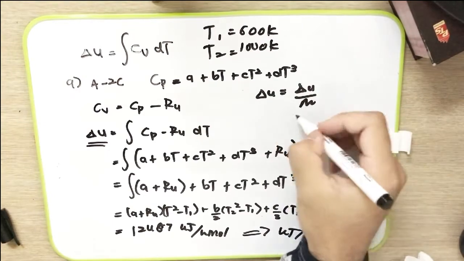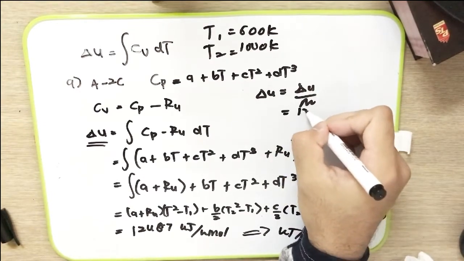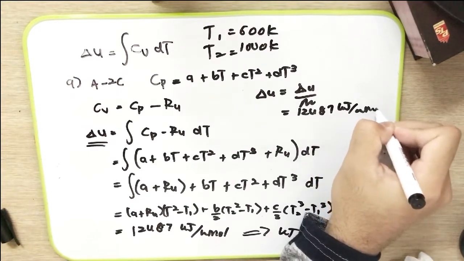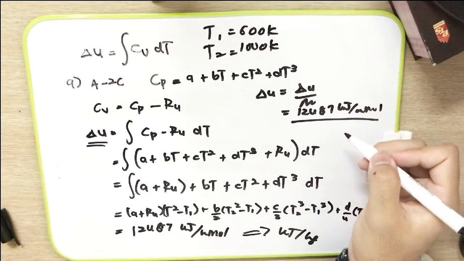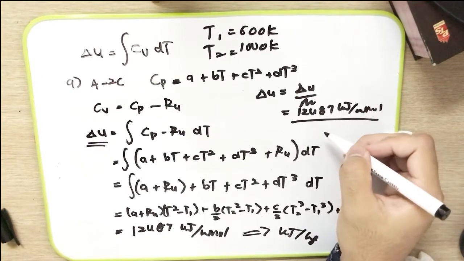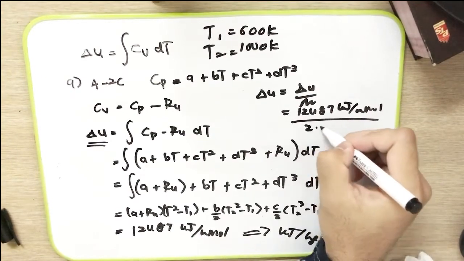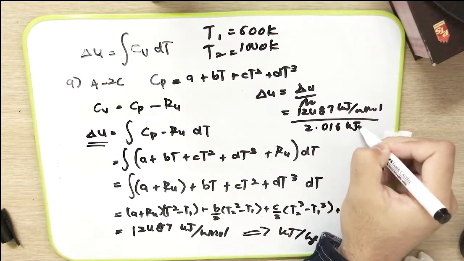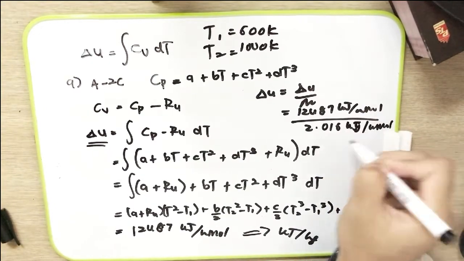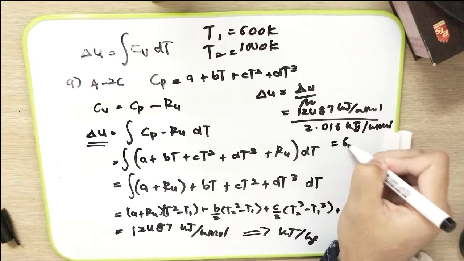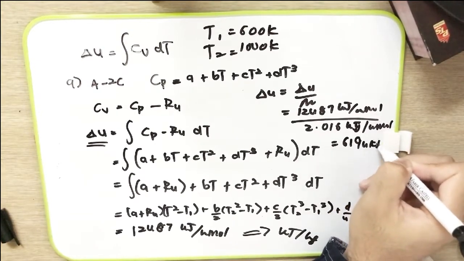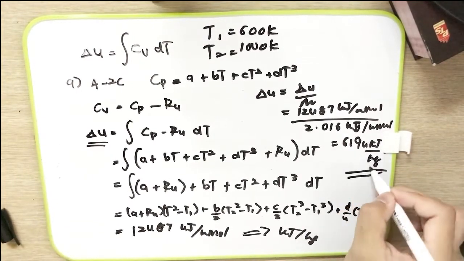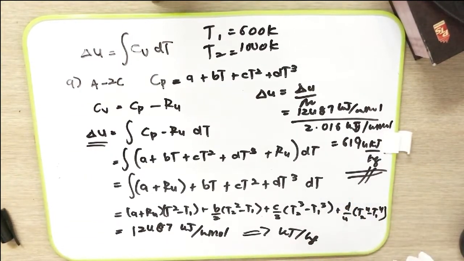So delta U is equal to 12487 kilojoule per kilomole over the molecular weight of hydrogen, which is 2.016 kilogram per kilomole. Then you will get 6194 kilojoule per kg. So that's how you find it from table A-2C.